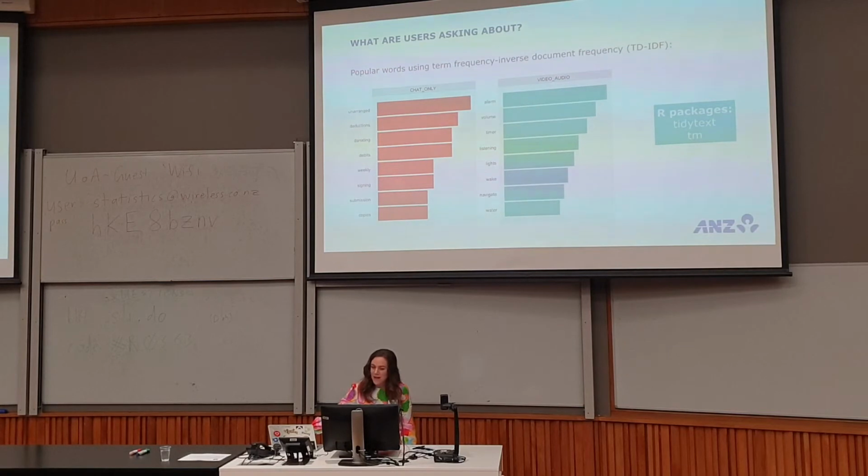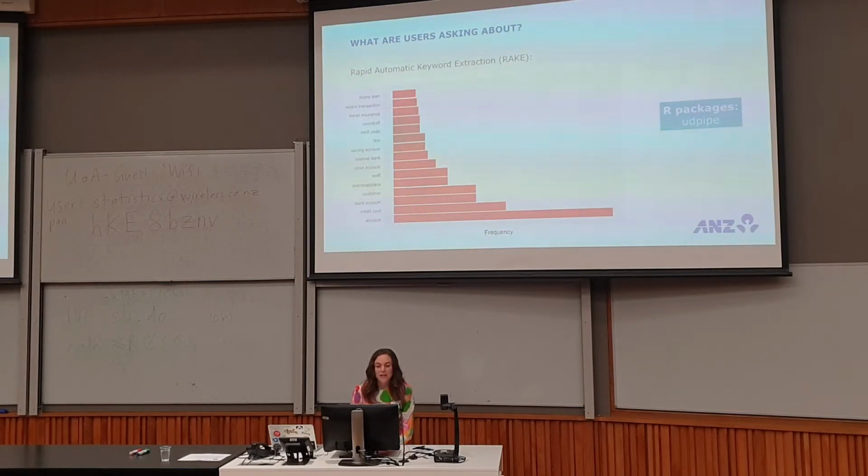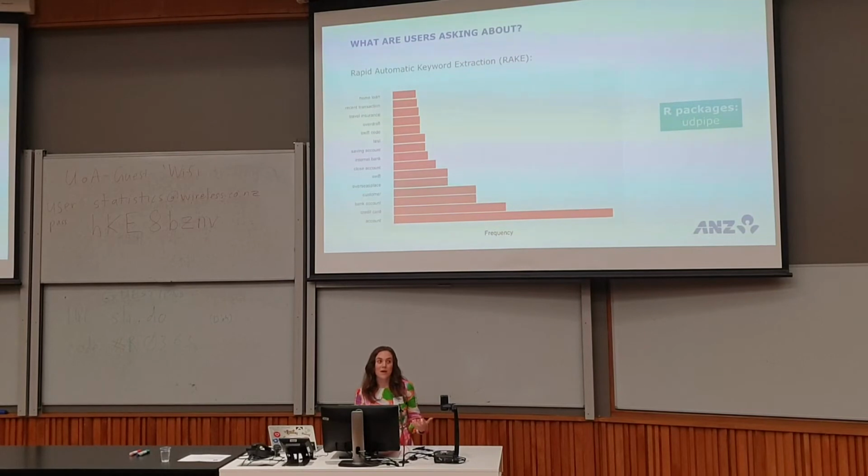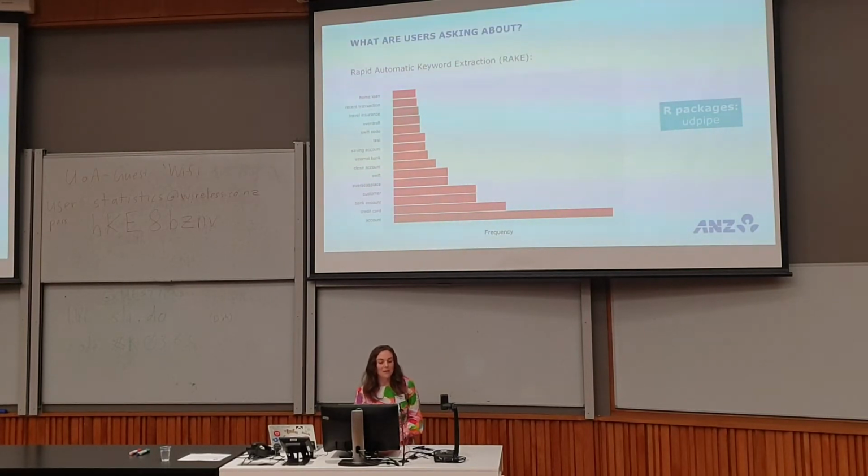So that's where keyword extraction comes in. So I've used this method called RAKE, and what that does is it looks at common words or groups of words that commonly occur closely together. So that gives us much more useful keywords. So people are talking about a recent transaction they just did, travel insurance, how do I close an account?